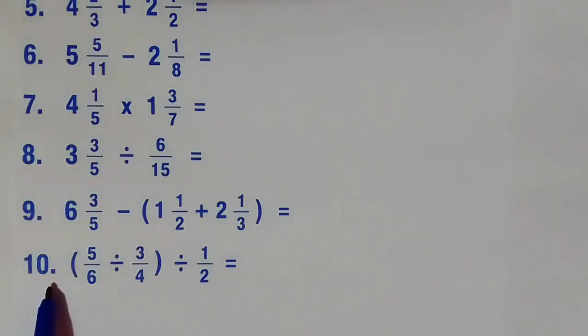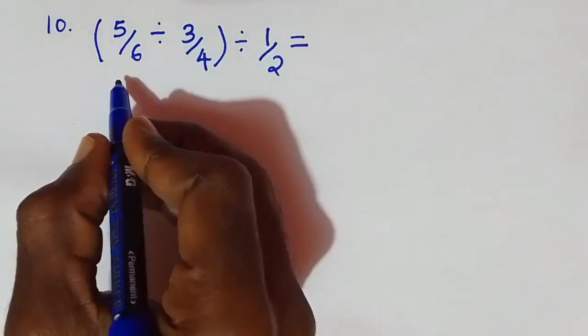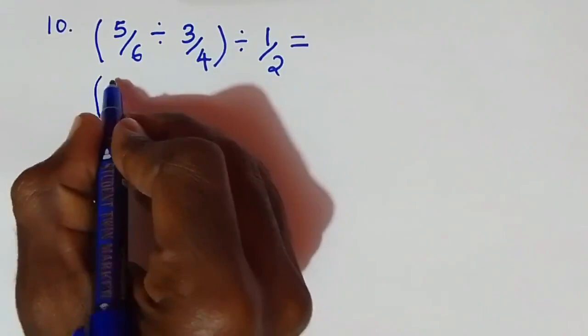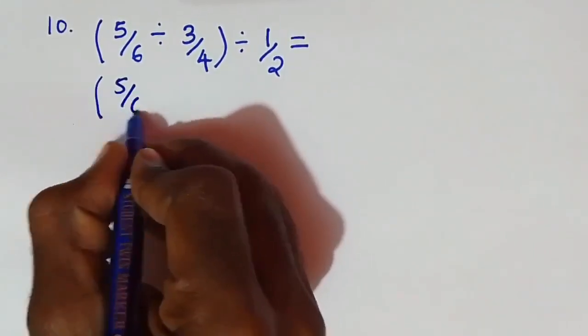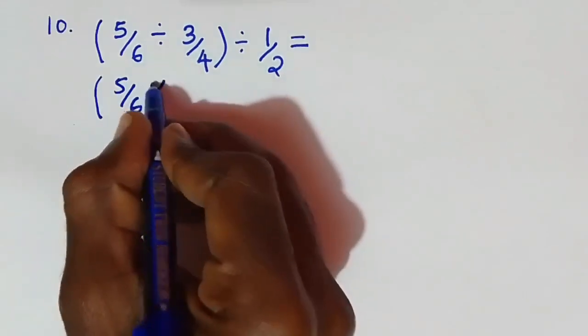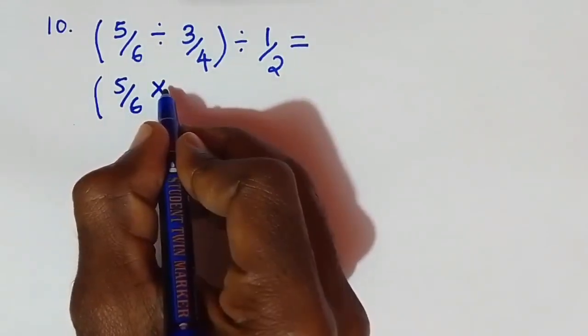Question number 10, we have in the bracket 5 over 6 divided by 3 over 4, divided by 1 over 2. We are going to start by doing the bracket. 5 over 6. We are going to change the division into multiplication, and then we are going to reciprocate 3 over 4.